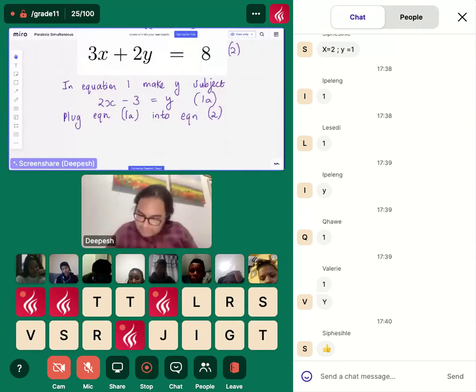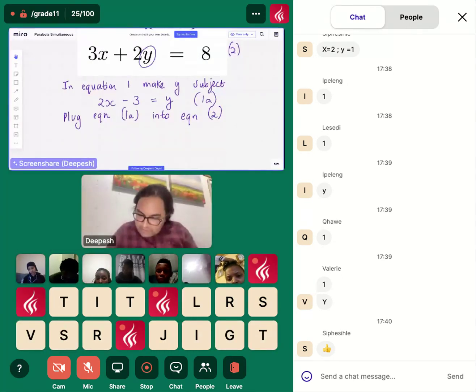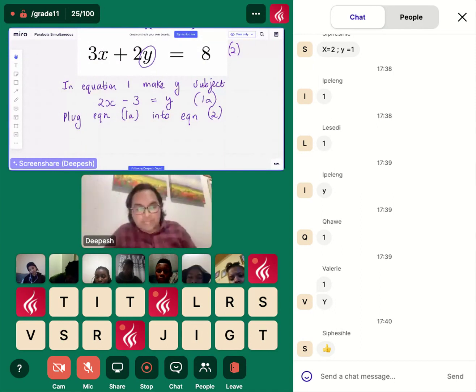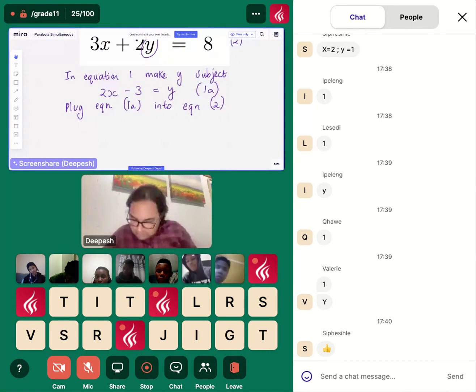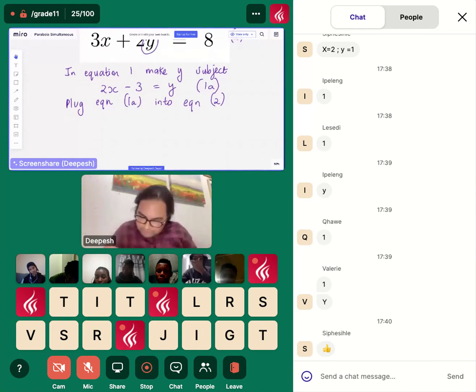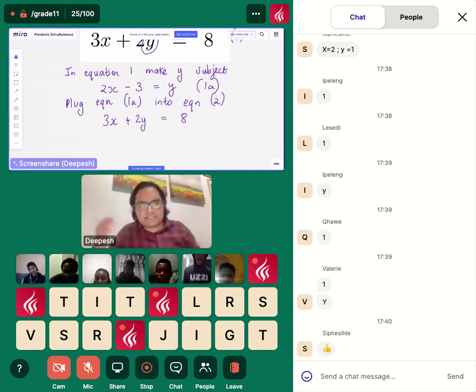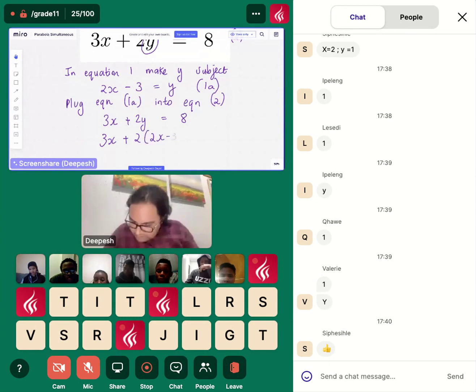We had 3x plus 2y equals 8. So in the place of y, we're going to plug in equation 1a. I'm going to rewrite equation 2: 3x plus 2y equals 8, just so we can see it's plugged in. Then we're going to say 3x plus 2 times 2x minus 3 equals 8.